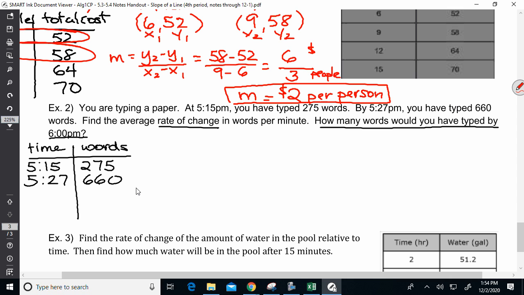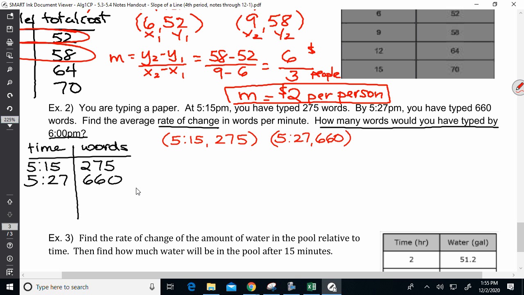All right, so let's go ahead and start working it out. Since they only gave you 2 sets of numbers, that's what we use for our 2 points. So you have 5:15, 275, and 5:27, 660.